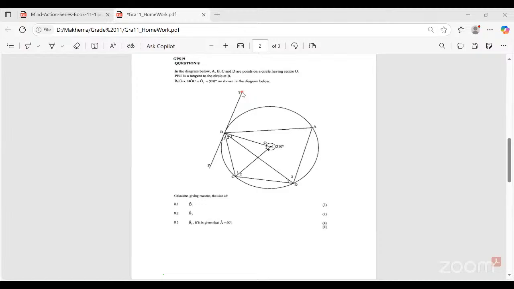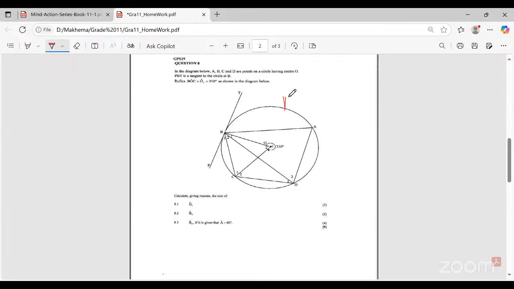I would love to work with you guys on this question, not to do it for you. Let's first have that DRCPT for some analysis. For the D, the diameter, is there any diameter in the diagram, guys? No, there is no diameter.